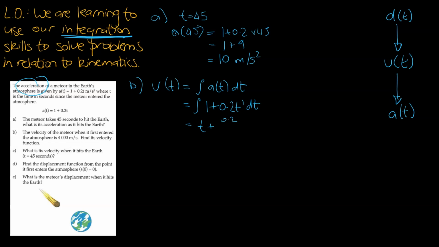Plus 0.2 divided by 1 plus 1 times t to the power of 1 plus 1, plus c. And that is going to be t plus 0.2 over 2, so that's 1/10 of t squared plus c. So that is our integral, or our velocity equation.